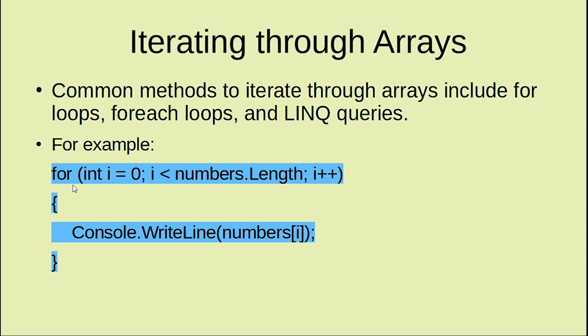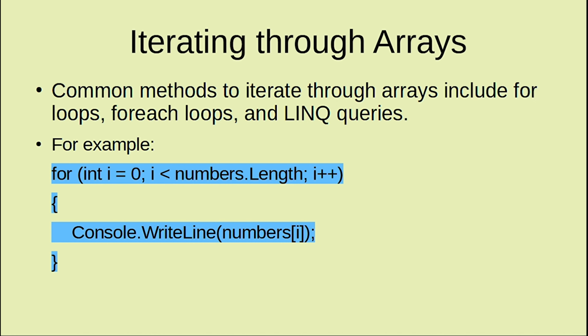Iterating through arrays. Now we have a collection of elements or values which we want to iterate. That means we want to loop through using a for loop, foreach loop, or some sort of LINQ queries. LINQ queries we will discuss later.